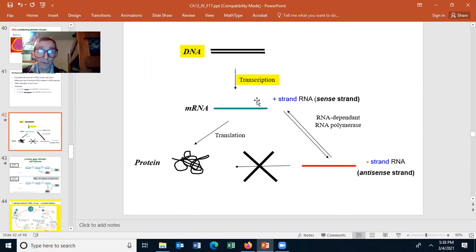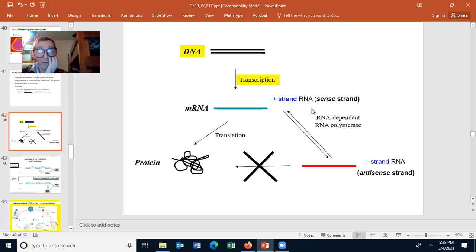So this slide is showing you really everything at once. We're looking at DNA. I guess it's not showing you the DNA being replicated, but it can be transcribed as messenger RNA. The messenger RNA can be translated into viral proteins.